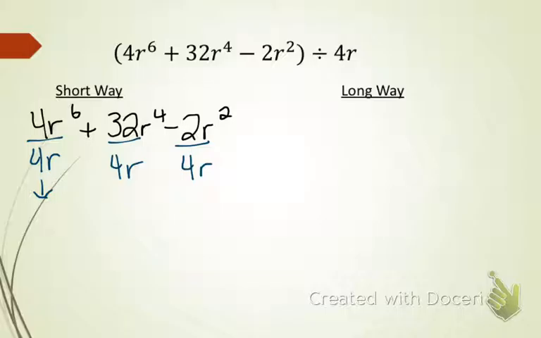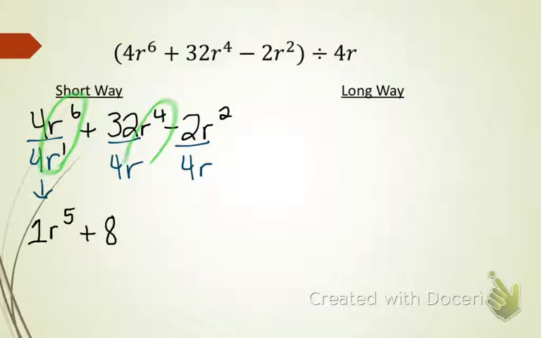Okay, so 4 divided by 4 is 1. Here we need to apply the properties of exponents. We have r to the power of 6 divided by r to the power of 1, subtract the powers, and that's r to the power of 5. Next one, 32 divided by 4 is 8.